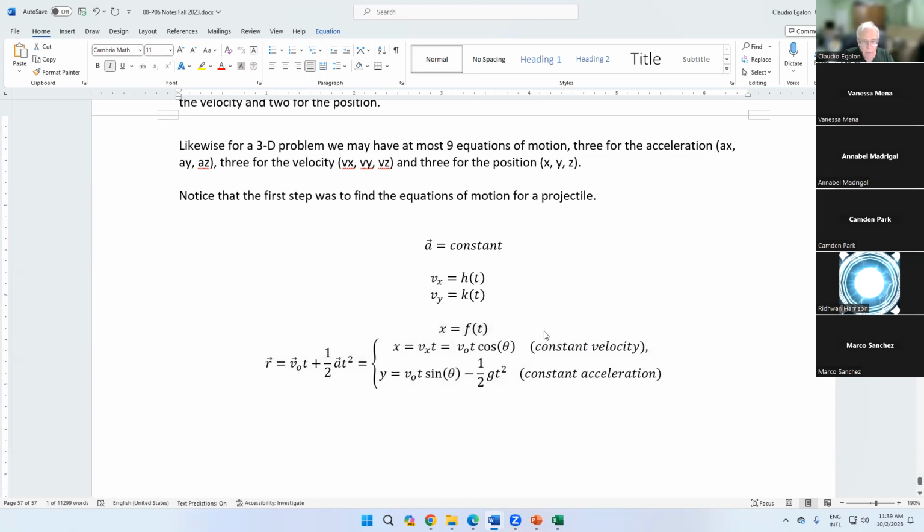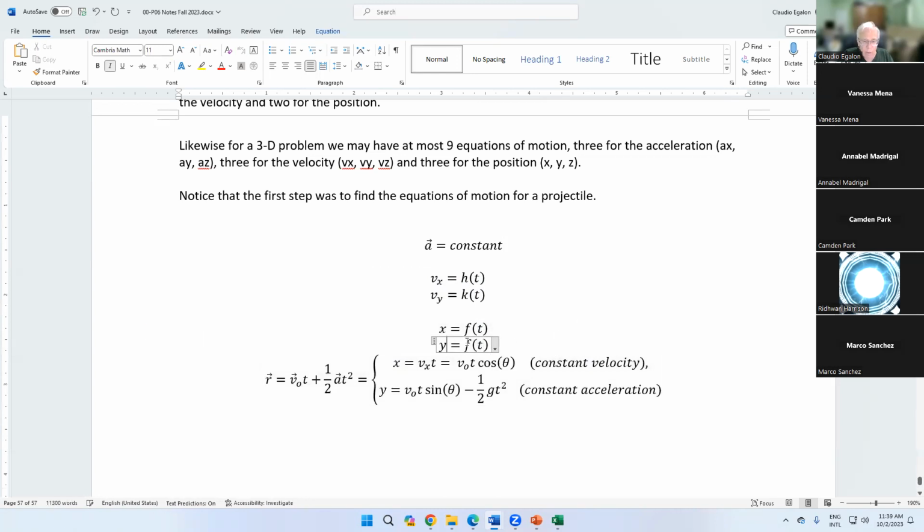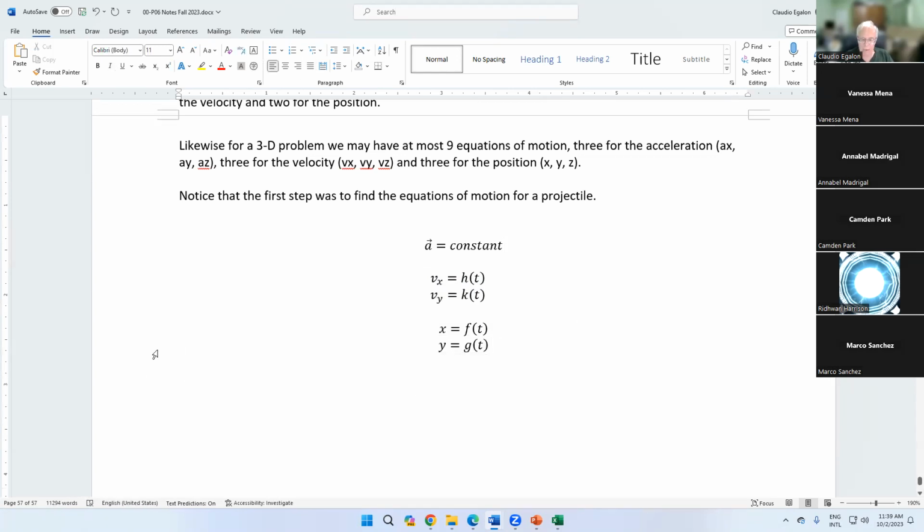And this one is going to be another function of t. Strictly speaking, this one is not a function of t. This is a constant. This is another constant. Let's call it constant prime. And let's call this one h. But this one is a function of t.